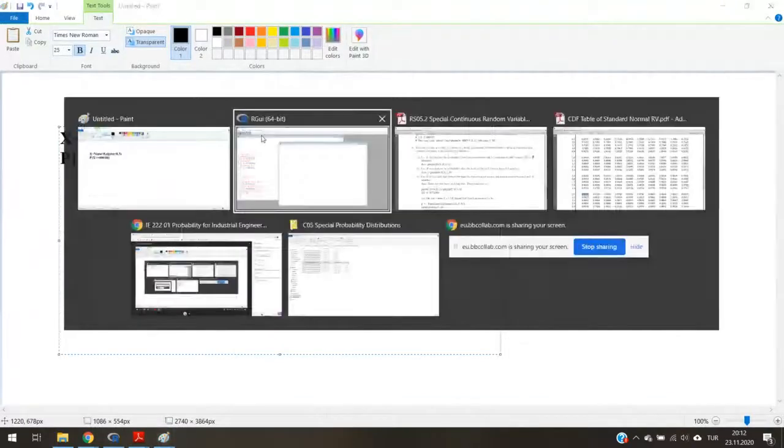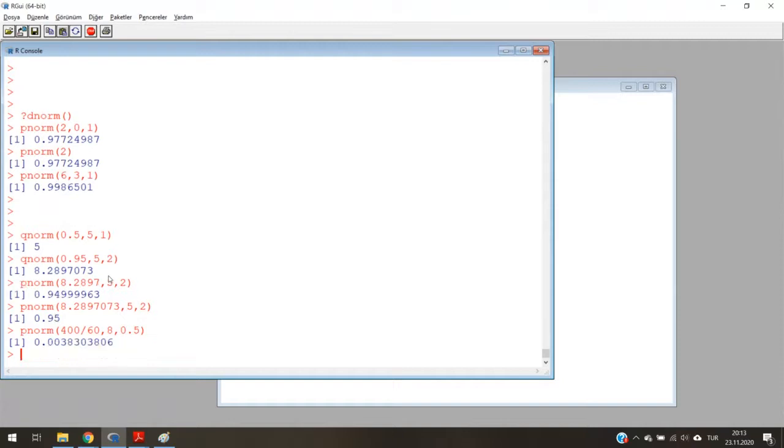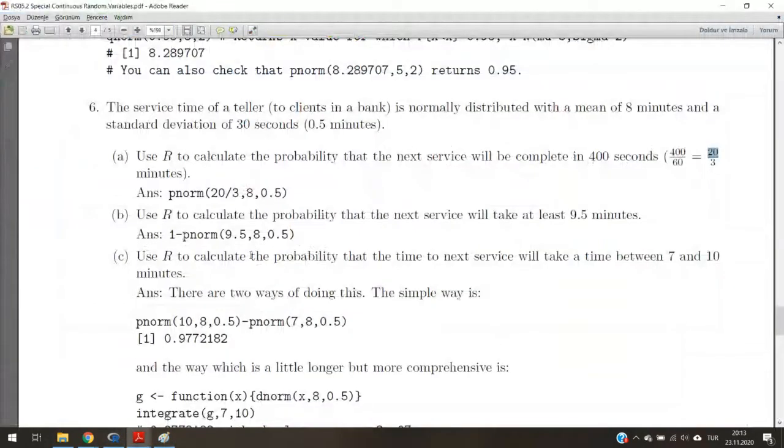So we are just going to write this as P norm 400 divided by 60, or simply 20 divided by 3, with location parameter 8 and scale parameter 0.5. Remember, now everything is converted into minutes, therefore the result is just going to be correct. And the probability that this service is going to be complete in less than 400 seconds is a very small probability, like 3.8%.